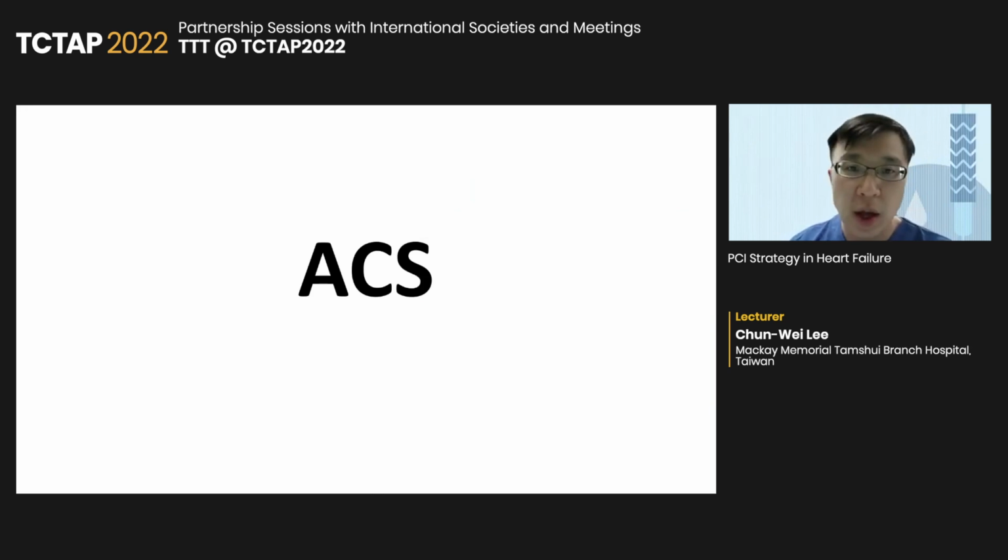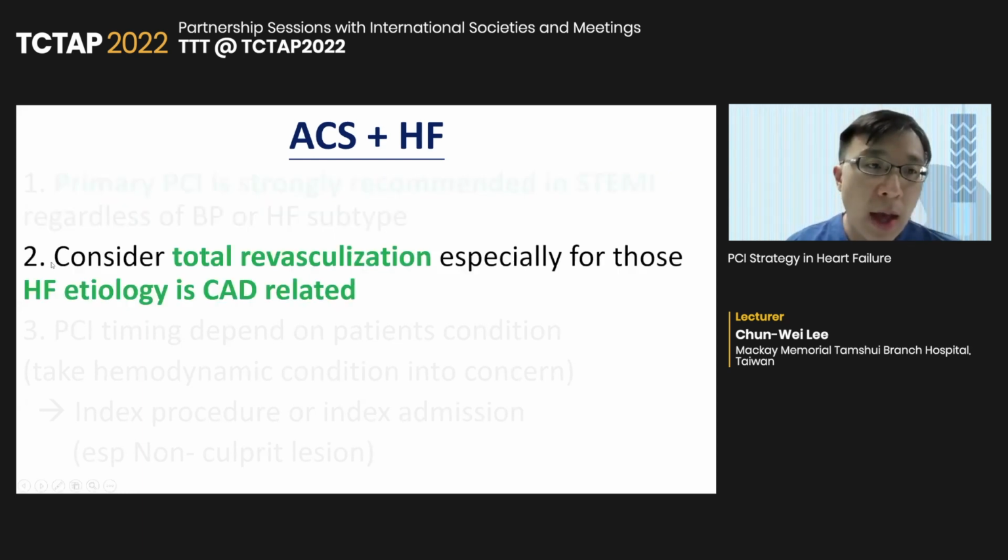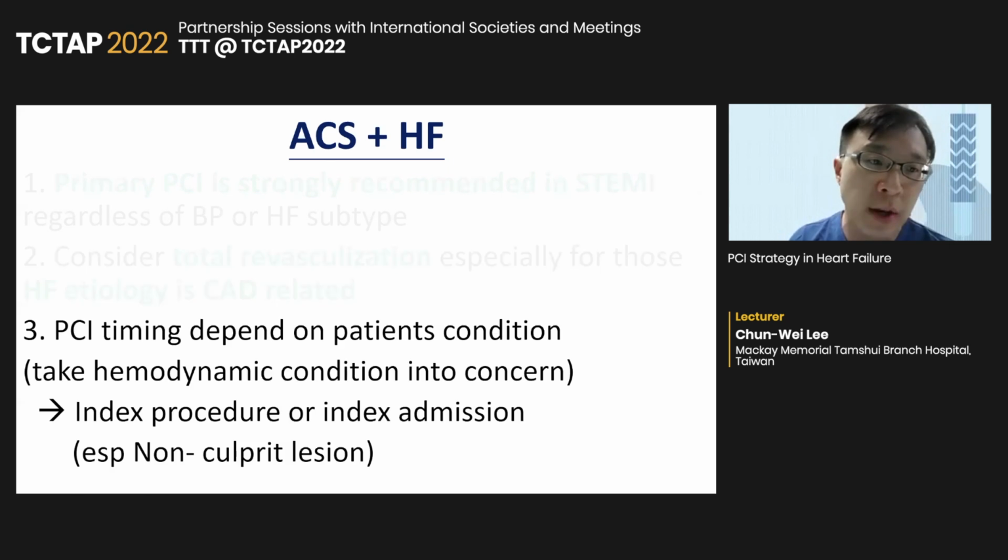First of all, in acute coronary syndrome plus heart failure, primary PCI is still strongly recommended in STEMI patients with heart failure, regardless of the heart failure subtype, which means the LV ejection fraction. And in ACS plus heart failure patients, they still suggest that we should consider total revascularization, especially for those patients whose heart failure etiology is CAD related.